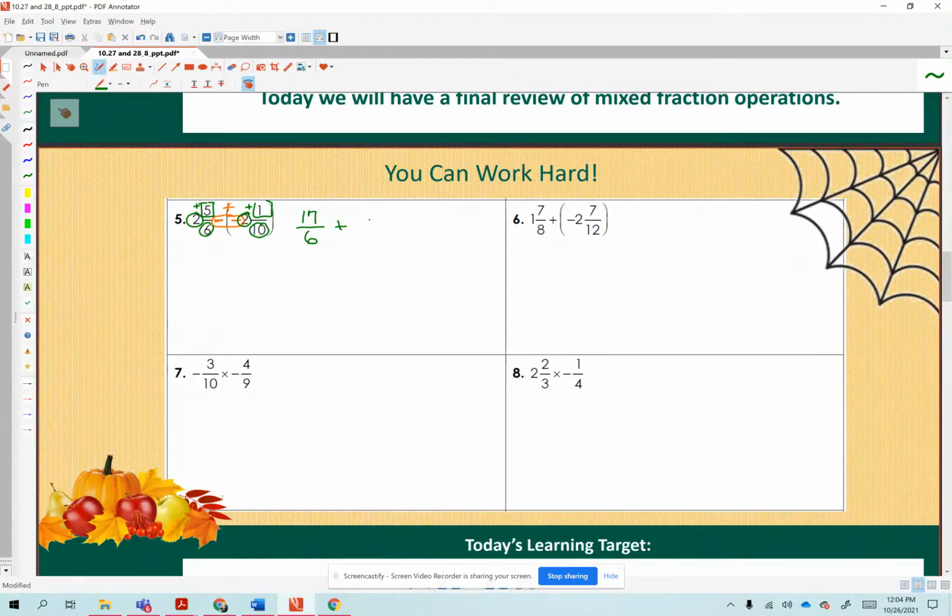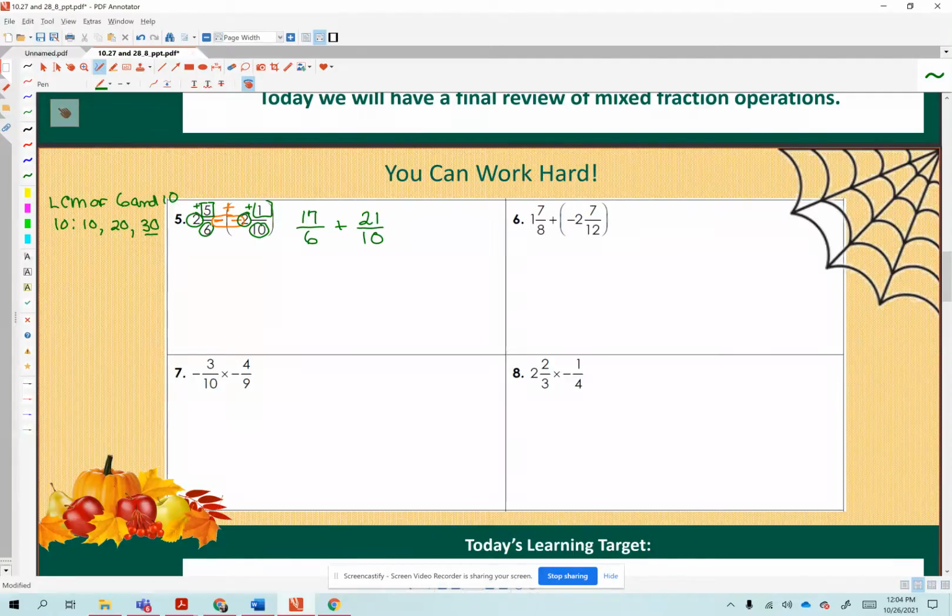So 17 over 6 plus 21 over 10. Now I need an LCM, a least common multiple, of 6 and 10. So if I look at the multiples of 10, I have 10, 20, 30.